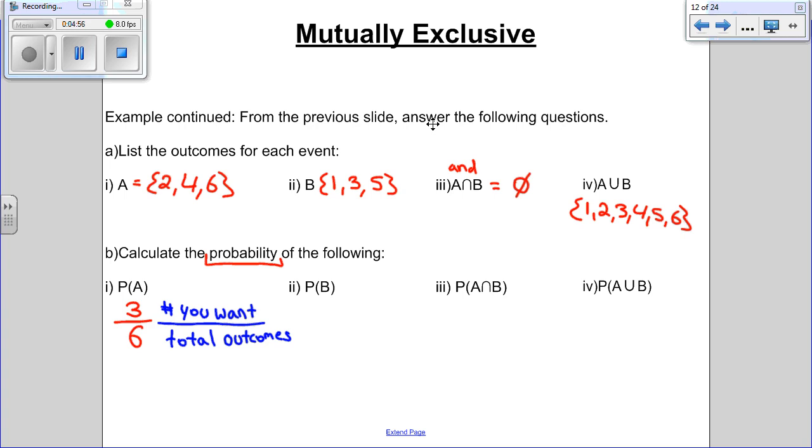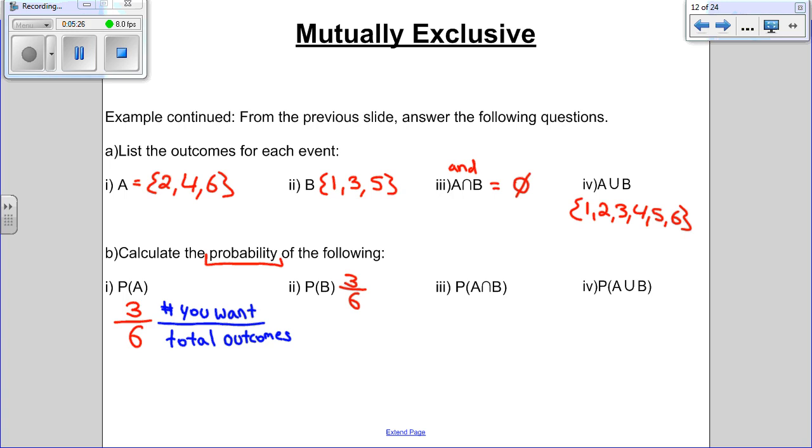So if we do this for B, same thing. The probability of B happening would be 3 divided by 6. There's 3 possible things in event B that we would like to have happen, but there's 6 possible events total that could have happened. 3 divided by 6. Third, what's the probability of A and B happening?